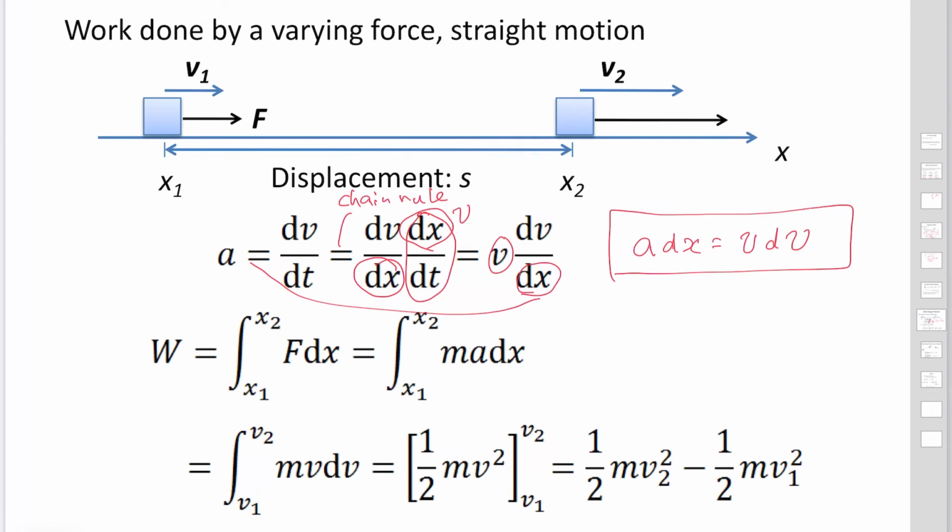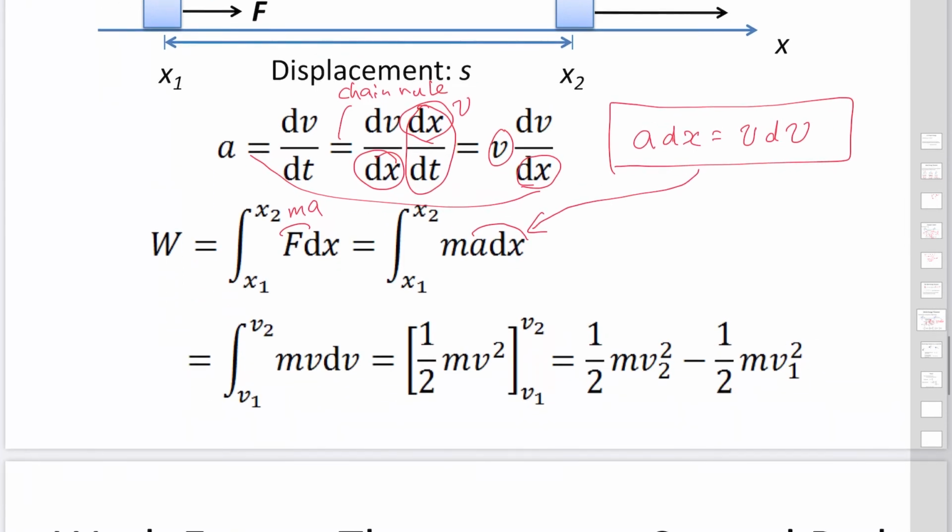The work can be calculated as the integral of F with respect to x, where F equals ma using the equation of motion. Substituting a dx equals v dv, we perform the integral: 1 over 2 mv squared, with lower limit v sub 1 and upper limit v sub 2.